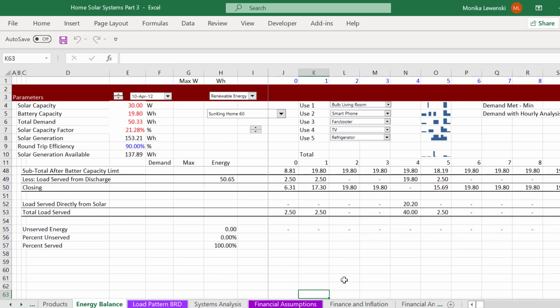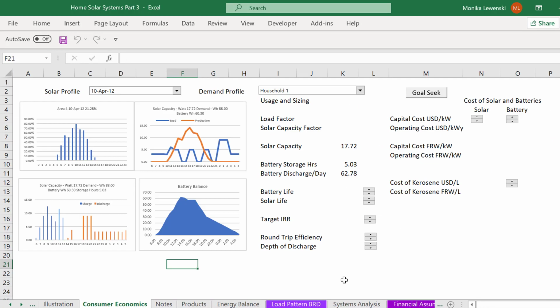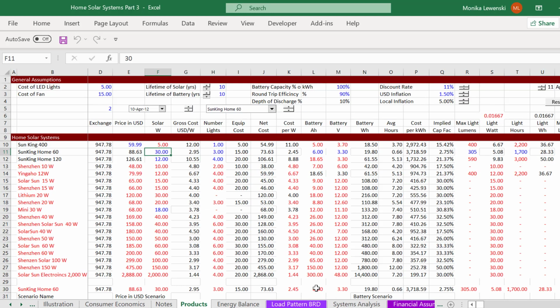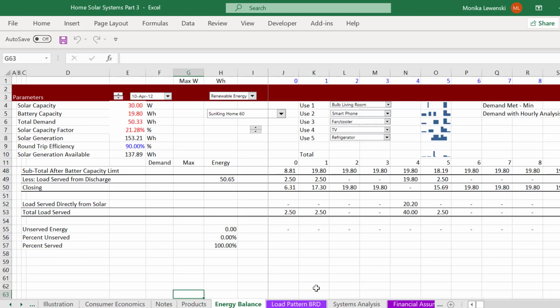For the rest of this little video, I'm going to put a couple of little graphs. Up here I've got a graph of the solar energy versus the load, and then a graph of the solar profile. I think we better redo this little graph.